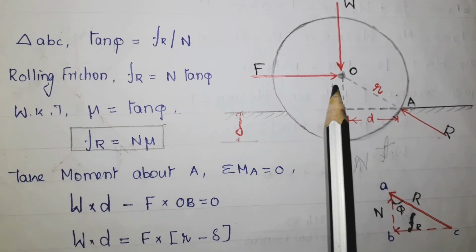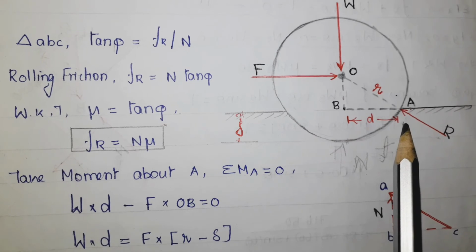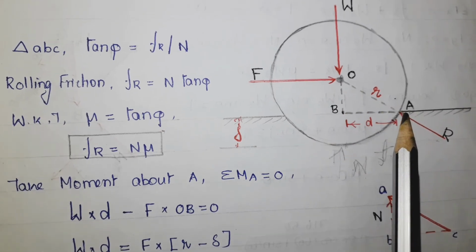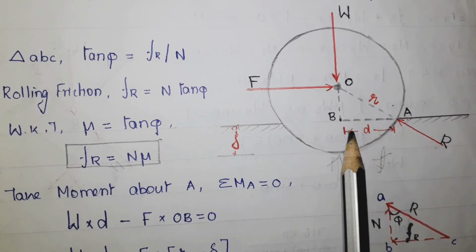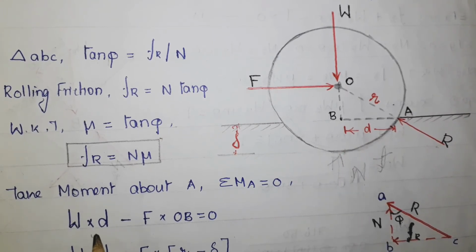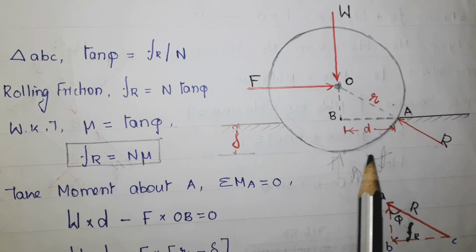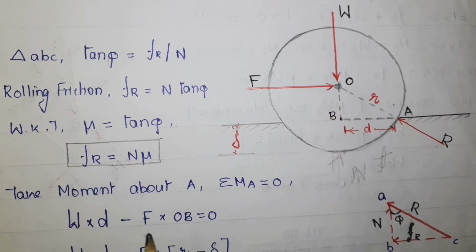I assume that the clockwise moment is taken as negative and the anti-clockwise moment is taken as positive. So W into D is the anti-clockwise moment, so it is positive, and F into OB is the clockwise moment, so it is minus, equal to 0. But it is not a rule, you can even change the order.